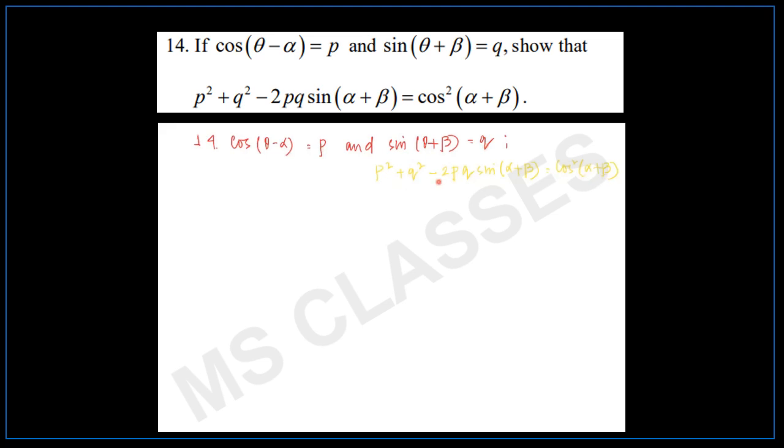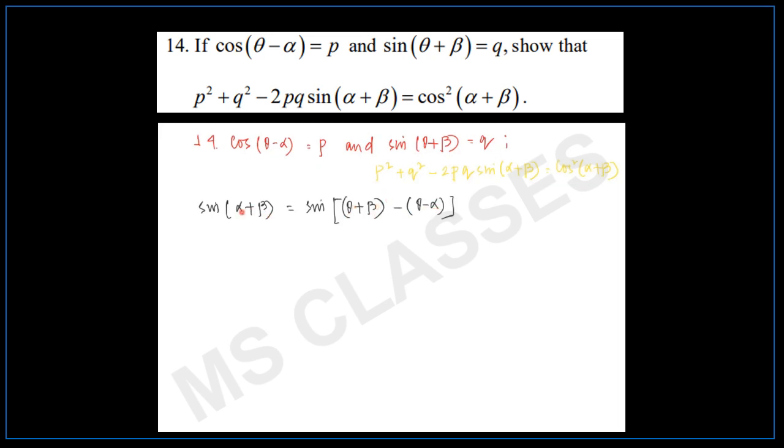Now, there are many ways we can proceed. If we proceed this way, suppose here we need to have sine(alpha plus beta). So you can start with that one. Sine(alpha plus beta) equal to sine of (theta plus beta) minus (theta minus alpha). Now here it is sine of alpha plus beta, that is sine of (theta plus beta minus theta minus alpha). Theta theta cancel out, alpha plus beta.